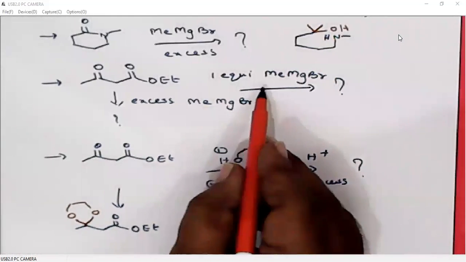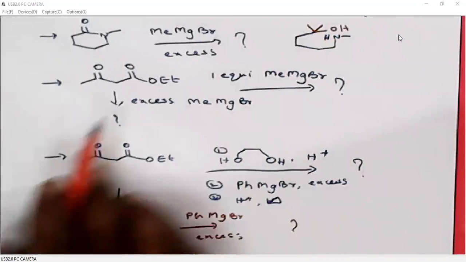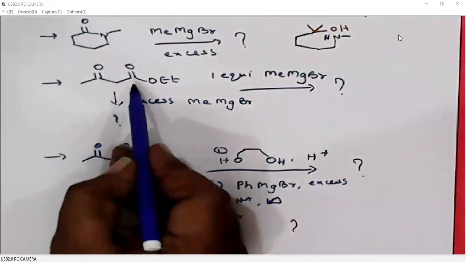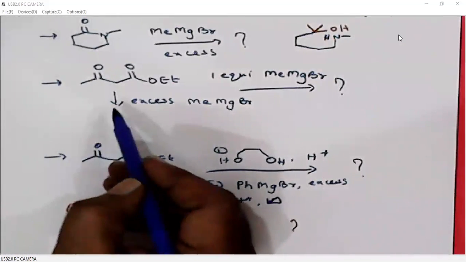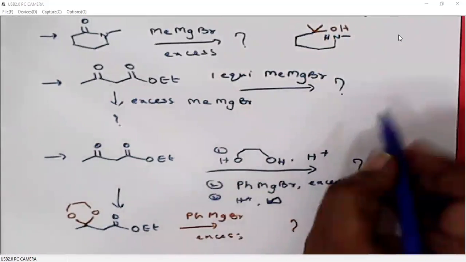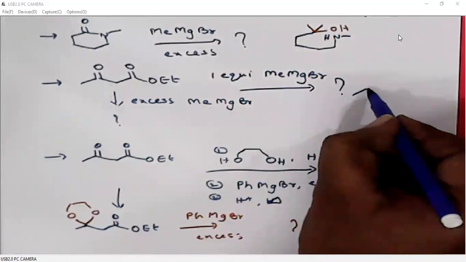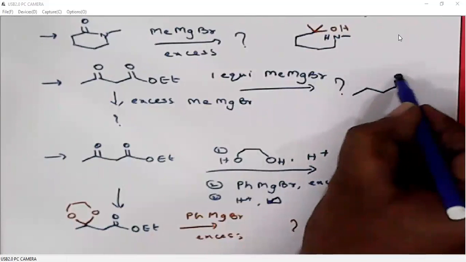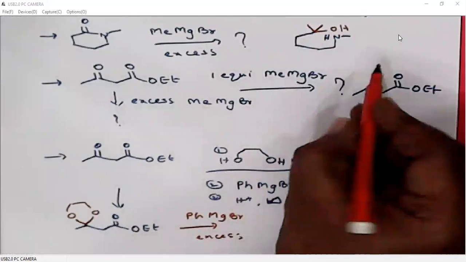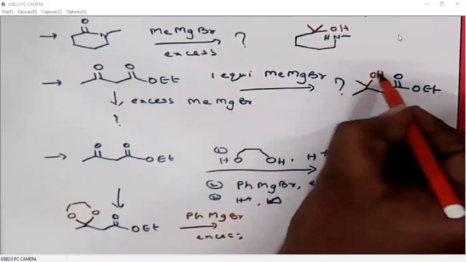In this case, when we use only one equivalent of methyl magnesium bromide, among ketone and ester, ketones are more reactive compared to esters. So ketone will be involved in Grignard addition. So what we are getting is this tertiary alcohol.